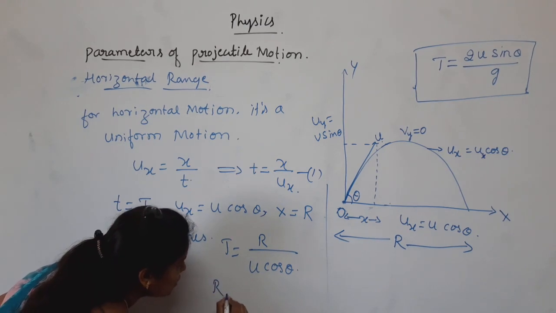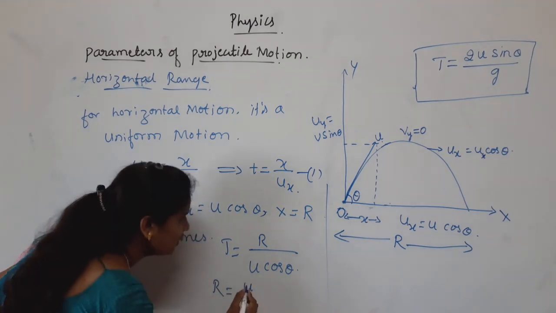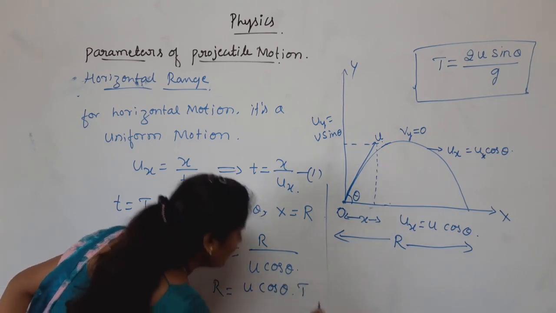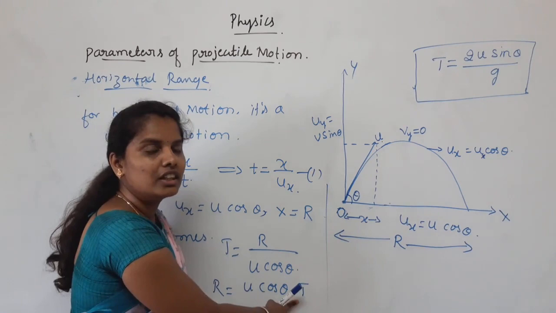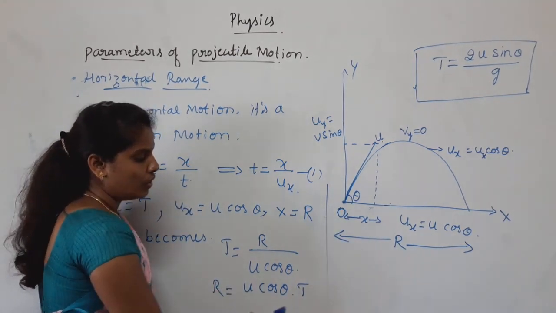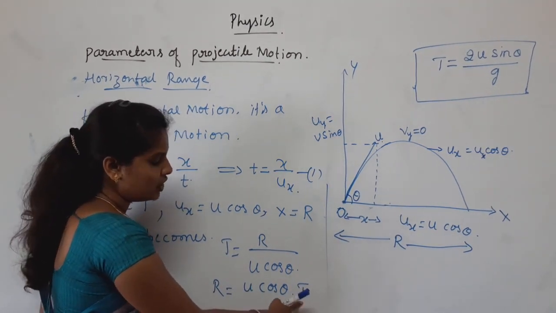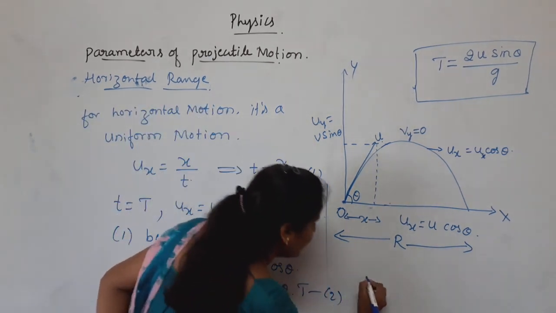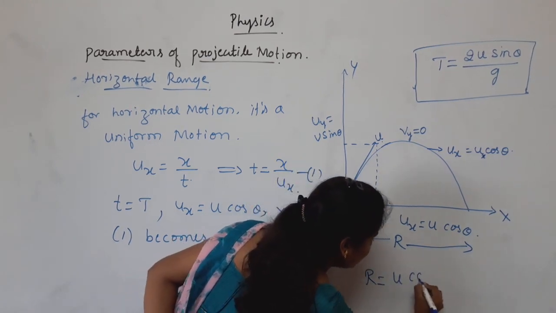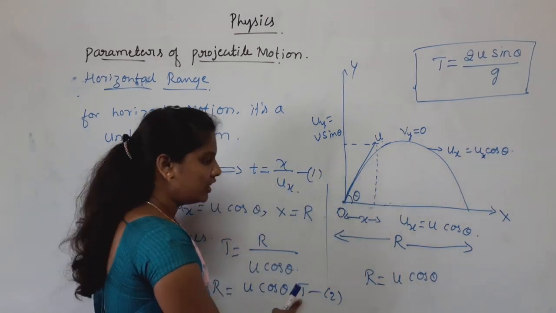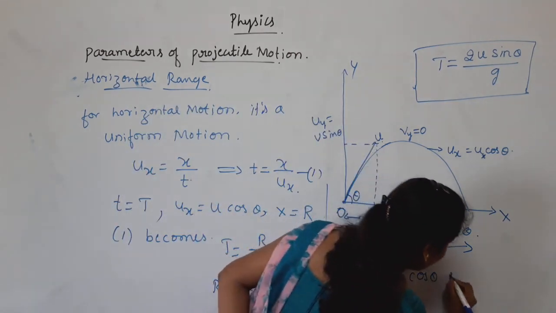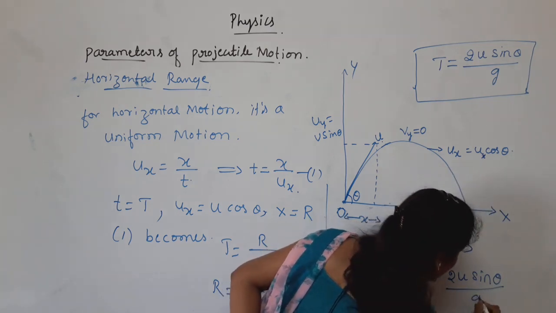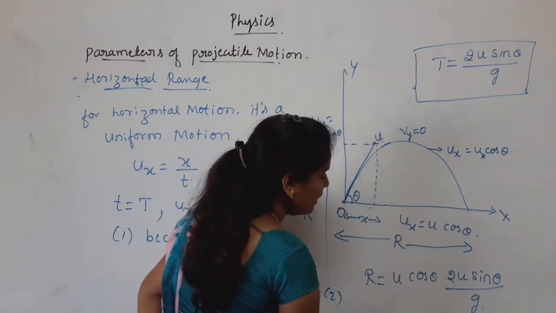So R equals U cos theta into t. Here t represents the time of flight. We know the value of t, so substitute the value of t into equation number 2. We get R equals U cos theta and the value of t is 2U sin theta divided by g. Now simplify this equation.